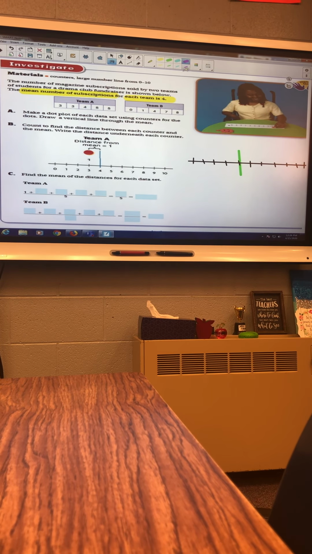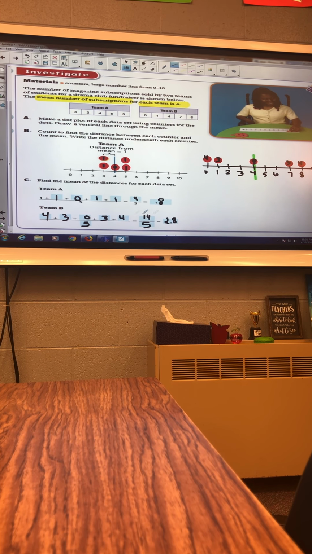From 4 to 7 is 3. And from 4 to 8 is 4. Again, I have 5 data points, so I'm going to divide by 5. So we have 4 plus 3 is 7, plus 3 is 10, plus 4 is 14, so we have 14 fifths. When I divide that out, I get 2 and 8 tenths.